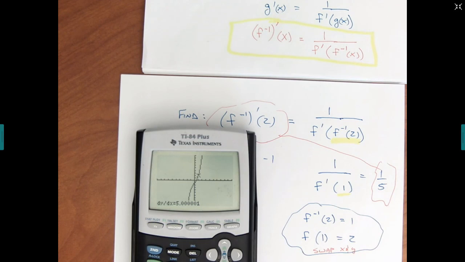And so I know then that dy dx, when x's and y's are switched, I have dx dy, and it'll be 1/5 instead of 5. So we actually knew all along, once we found this, that our derivative would be 1/5. Once we find that dy dx is 5, we'll know that 1 over that will be the 1/5.